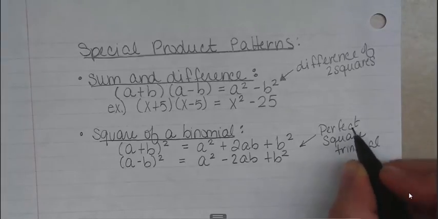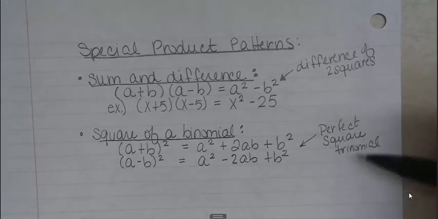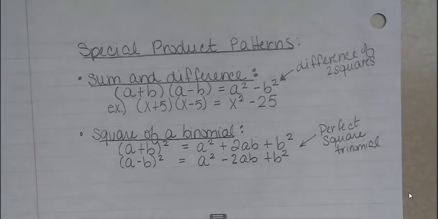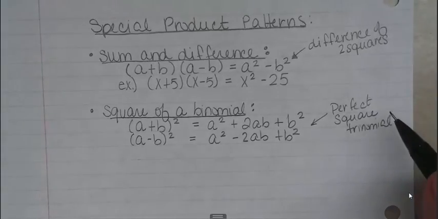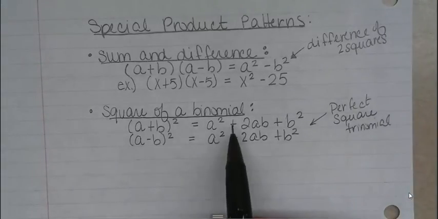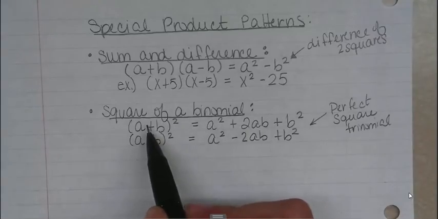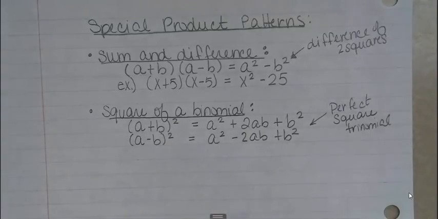Hopefully you're recognizing these names because these are your friends. You don't want to abandon your friends. Okay, so you really need to know them backwards and forwards, and that's basically what we're doing right now, right? Now we're doing the multiplication part. The factoring was where we were looking at this and getting back to this. Okay, so we're going forwards and backwards with these. So hopefully you're really good with this.